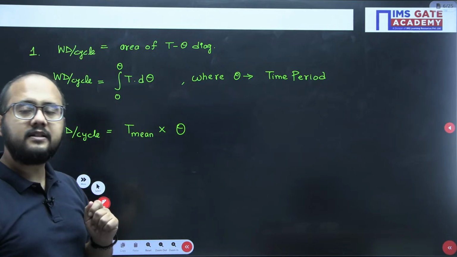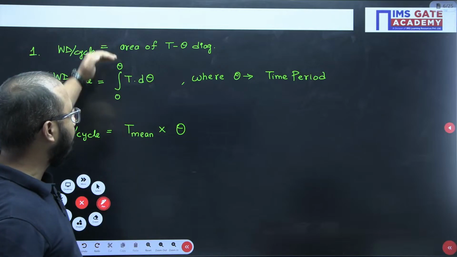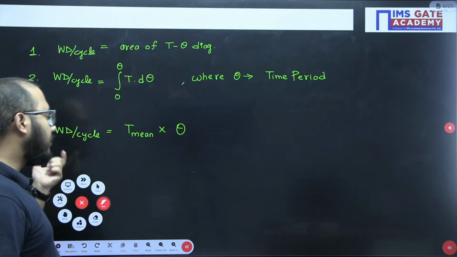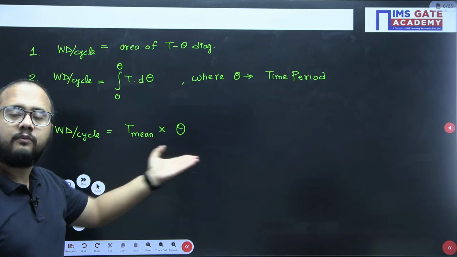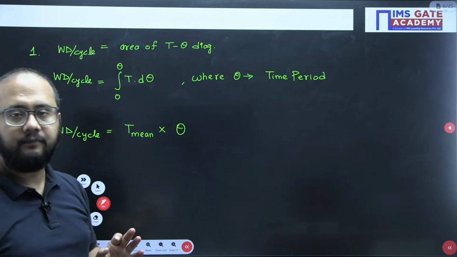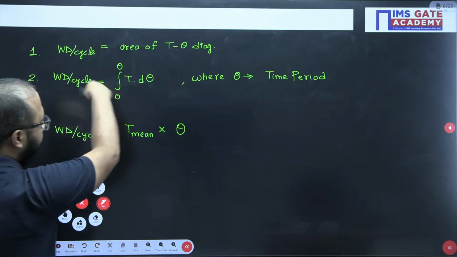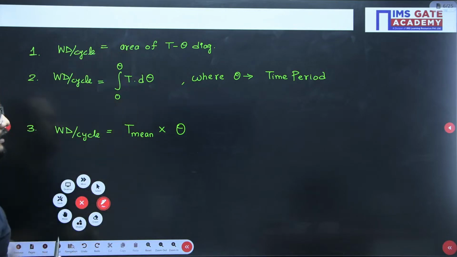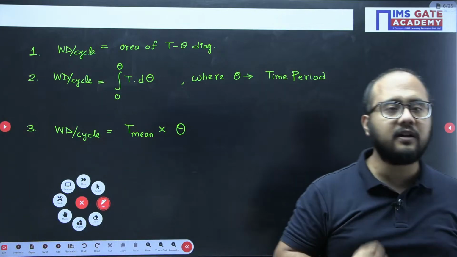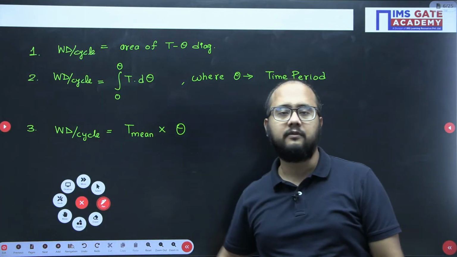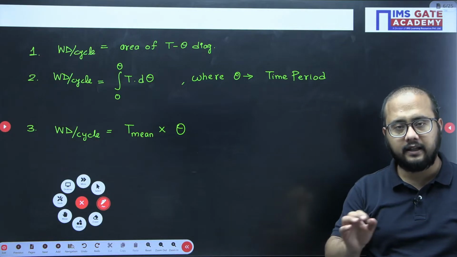Once work done per cycle is calculated using relation 1 and 2, I will equate it with T mean multiplied by theta. So mean torque we can easily calculate. I hope this is clear.